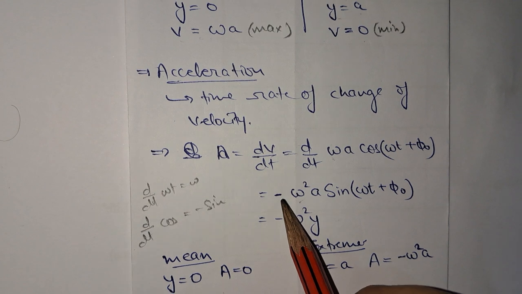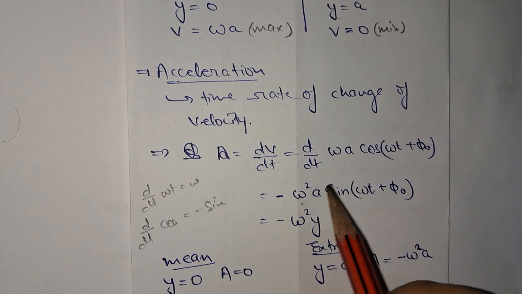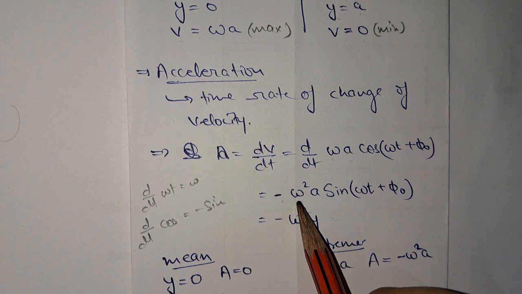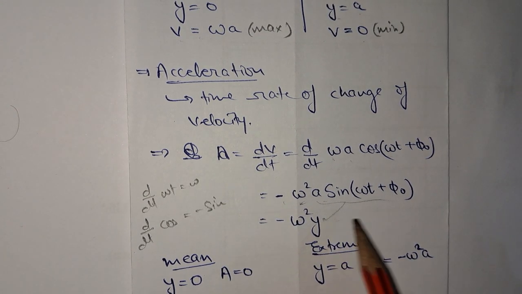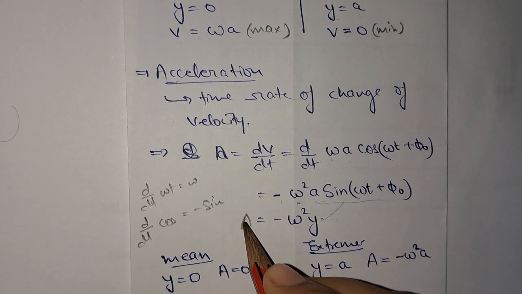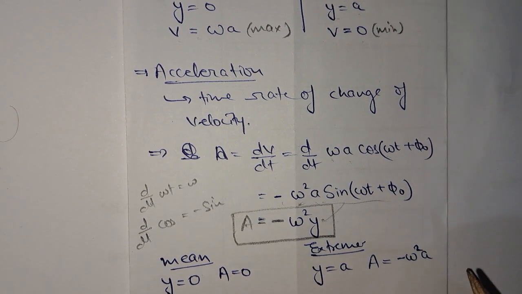So from this we get minus sine here, omega square, and rest a sine(omega t plus phi), and this is nothing but y. So the expression is a is equals to minus omega square y.